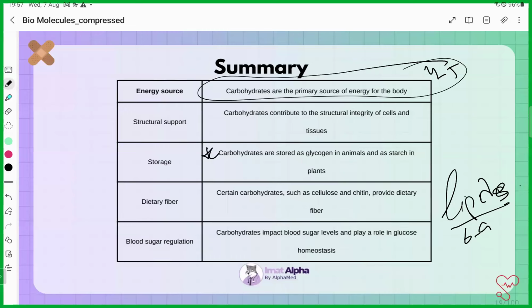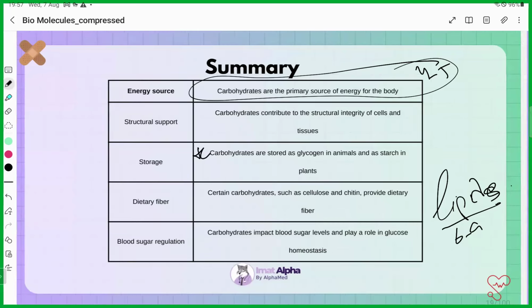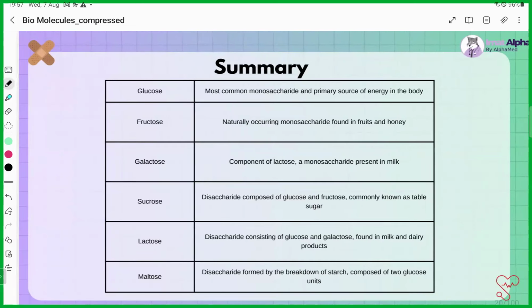Carbohydrates impact blood sugar levels and play a role in glucose homeostasis. Okay, so glucose, the most common monosaccharide and primary source of energy in the body. It gives us ATP.